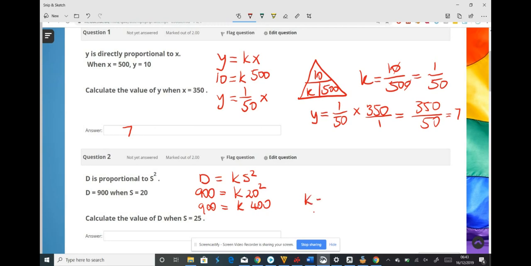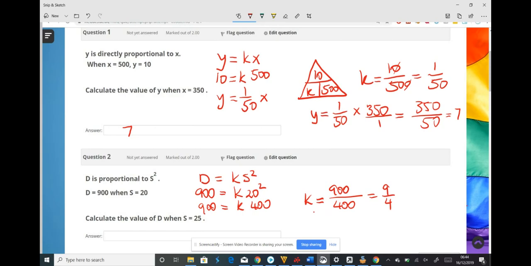So k is equal to 900 divided by 400. So that's 9 over 4.